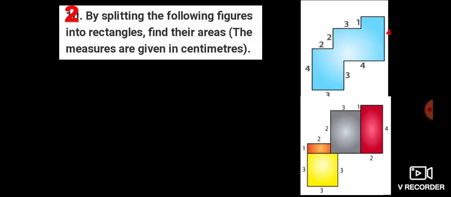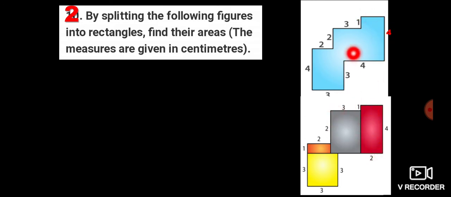Listen here. All the measurements are given. This is 3, 4 centimeter, 2 centimeter, 2, 3, 1. This also 2 centimeter because the whole length is 4 centimeter. When we split like this, this is the half of 4, that is 2. Look here. This part is one rectangle.